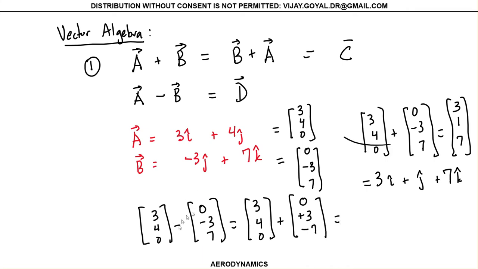You see, minus 0 is 0, minus minus becomes plus, minus plus becomes negative. So now I just add this term. So this gives you 3, 7, and minus 7. So the subtraction of these vectors gives me 3i plus 7j minus 7k. Okay?